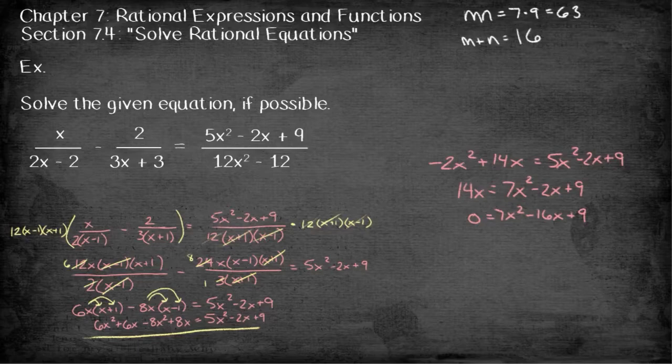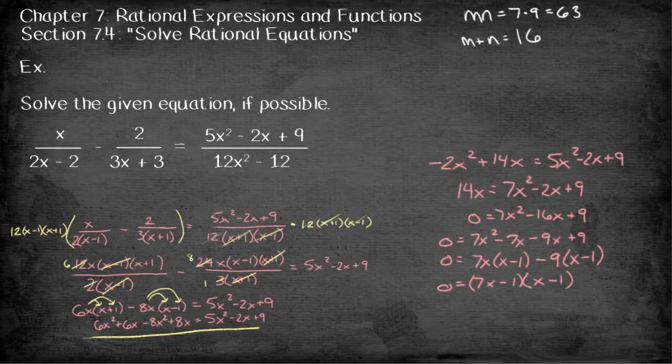So in doing my AC method, I realize 7 times 9 is 63, and hey, those two numbers add up to 16 already. All right. So somewhat exhausting, but we got there. We got solutions of 1 over 7 and 1.